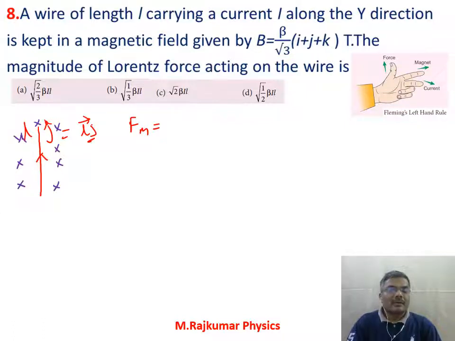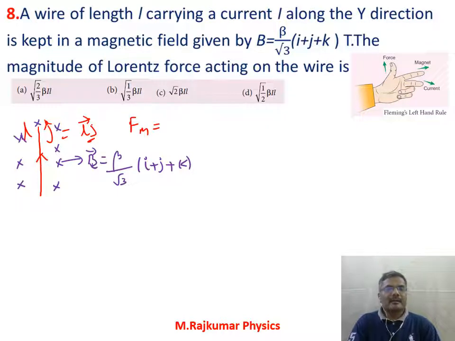The magnitude of this magnetic field is given by B vector equal to beta divided by root 3 into (i + j + k). This is the direction of the magnetic field, and the direction of the current is along this y direction.